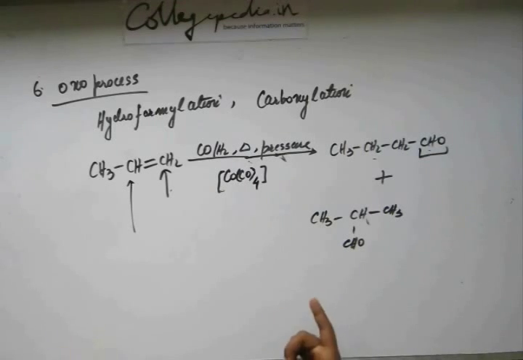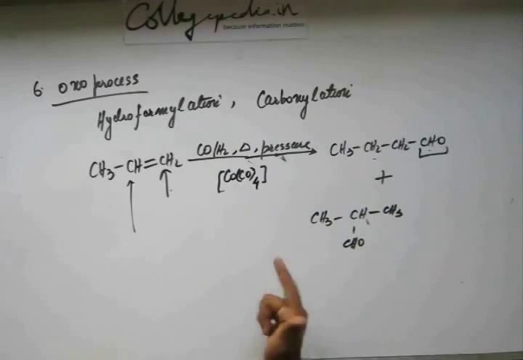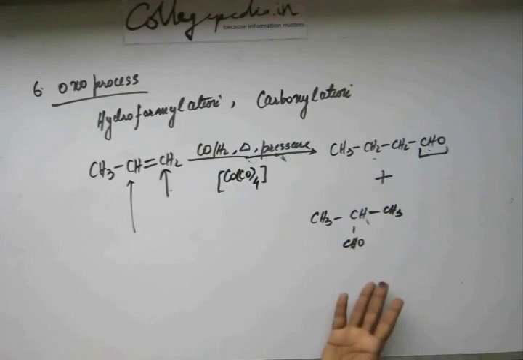Now, generally, we would like to produce one of them, not both of them. So if I am trying to produce butyraldehyde, then side by side isobutyraldehyde will also be produced. Then there is a heck of a job separating them. So this is not the best reaction to produce aldehyde, but if I am interested in both of them, then this can be used. And research is going on for a catalyst that will selectively produce one of them, either butyraldehyde or isobutyraldehyde.